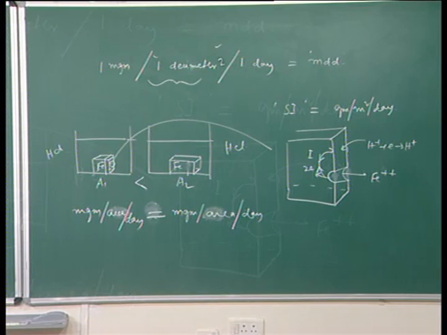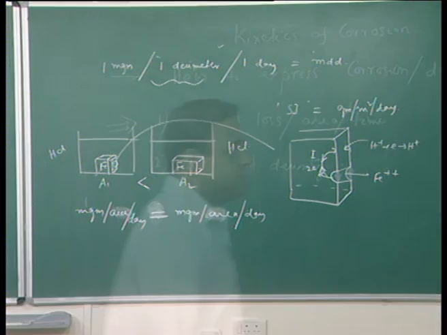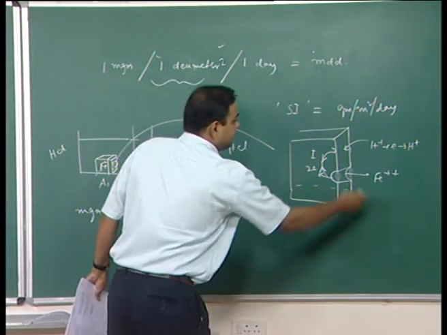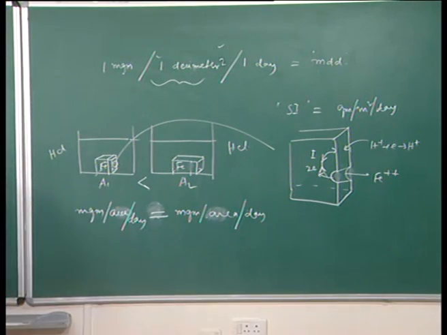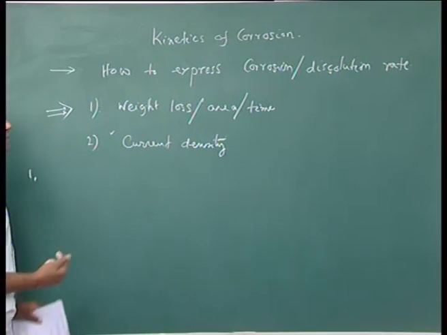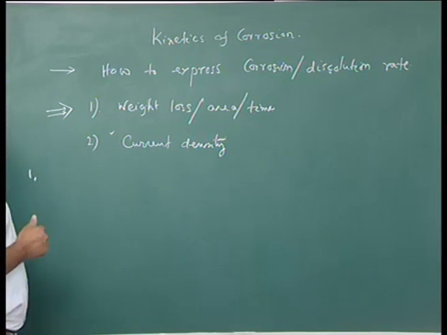Now let me get into the two laws. The first law says the amount of chemical change, which here is metal dissolution and can also be considered an electrochemical change, where metal is dissolving. So the amount of metal dissolution, or iron dissolution in this particular case, would be strictly proportional to the amount of electricity that is passed through the electrolyte.